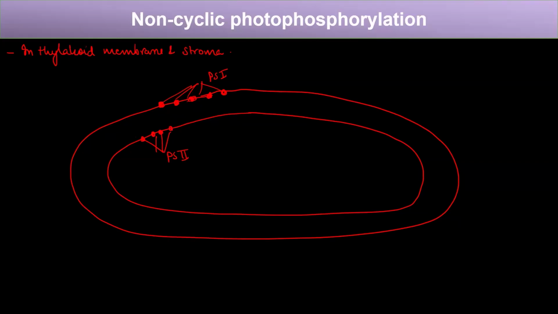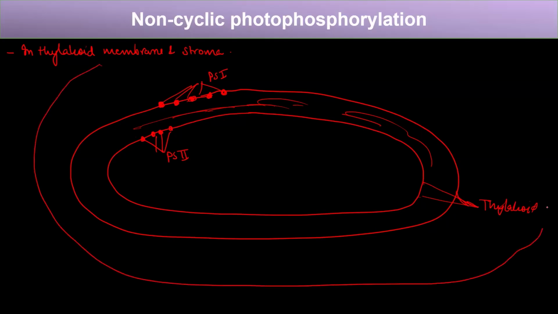So if the photosynthesis will take place, where will it happen? It will happen in the thylakoid membrane. This is your thylakoid membrane, right? And in the stroma, because this is your one thylakoid. The structure that I have drawn is of thylakoids. Now this thylakoid is present in a big chloroplast, and here the photosystem 1 is present.